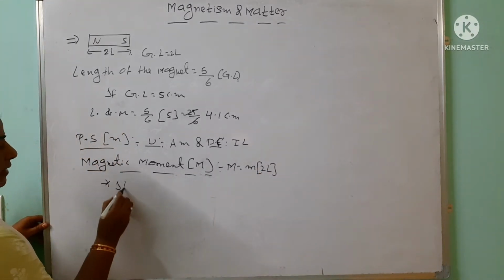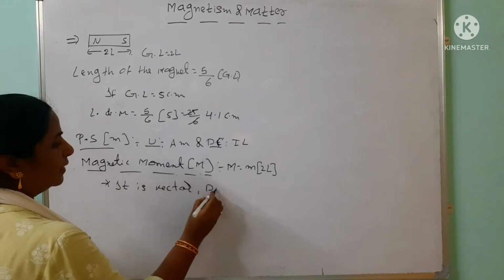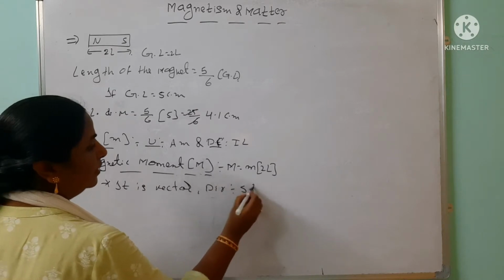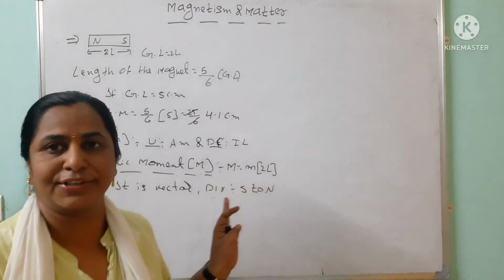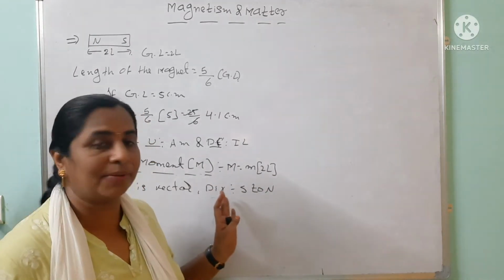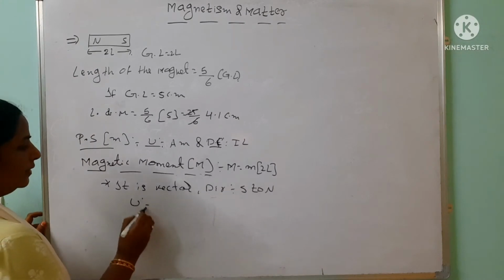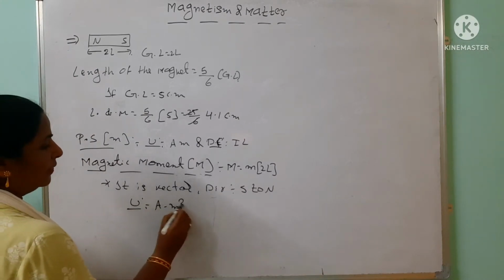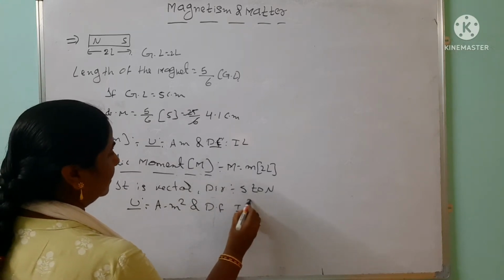And remember that it is a vector, and the direction is from south to north. Chances are there for concept questions: what is the direction of the magnetic moment? You can say from south to north. Then the unit is ampere meter square, and the dimensional formula is IL square.